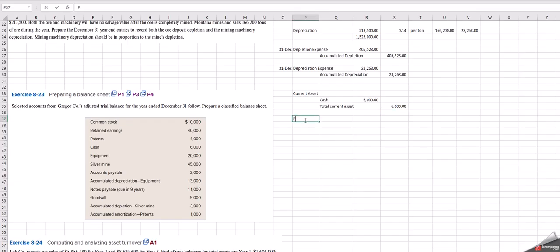Then we would have our property, plant, and equipment. We have equipment of $20,000, less accumulated depreciation of that equipment of $13,000, and we can subtotal those over here.